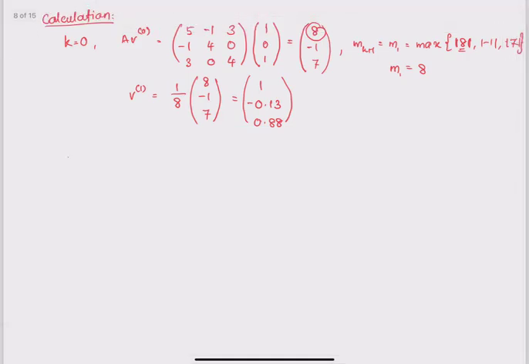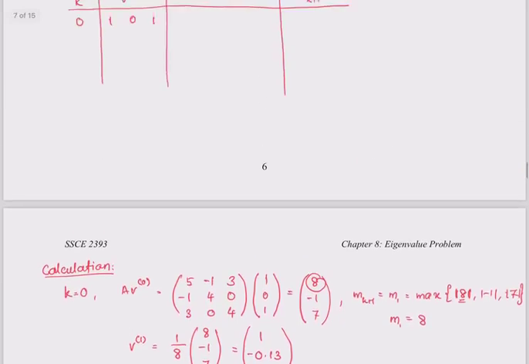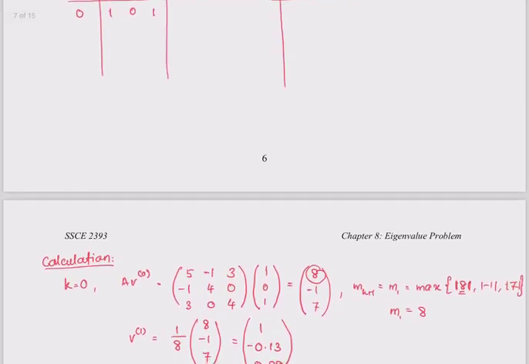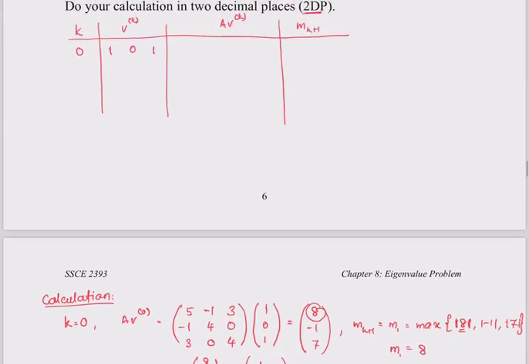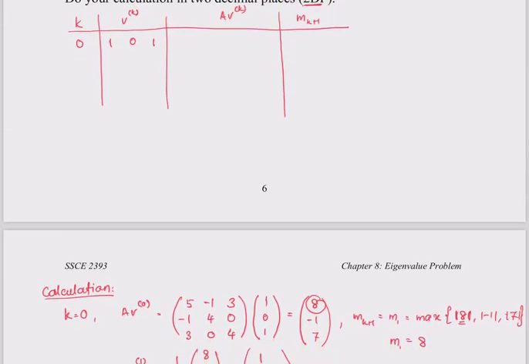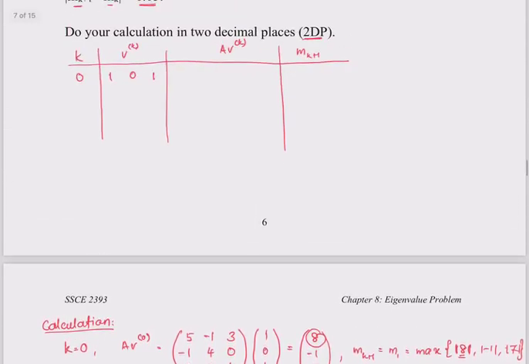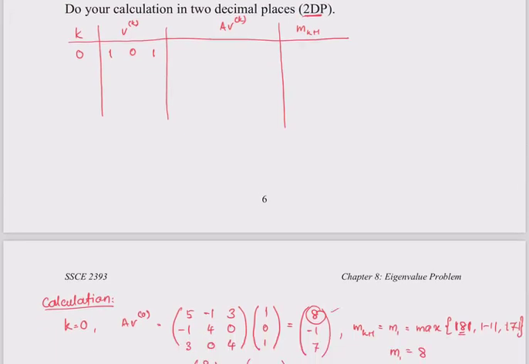And then for k is equal to 1, again we need to iterate our calculation. Before that, let's put in the table here, so that we have AVK for k is 0, which is 8, negative 1, and 7.